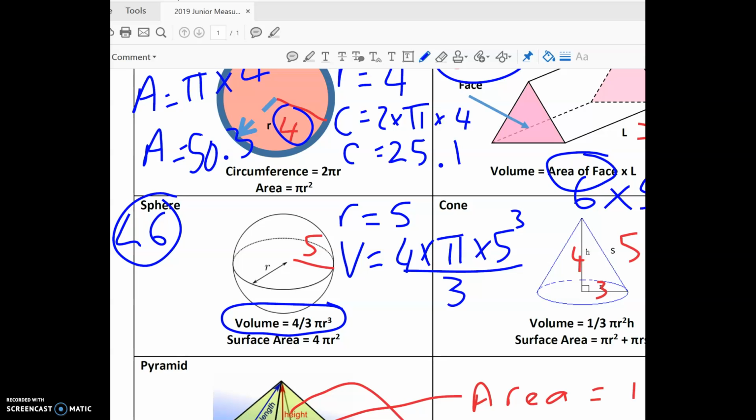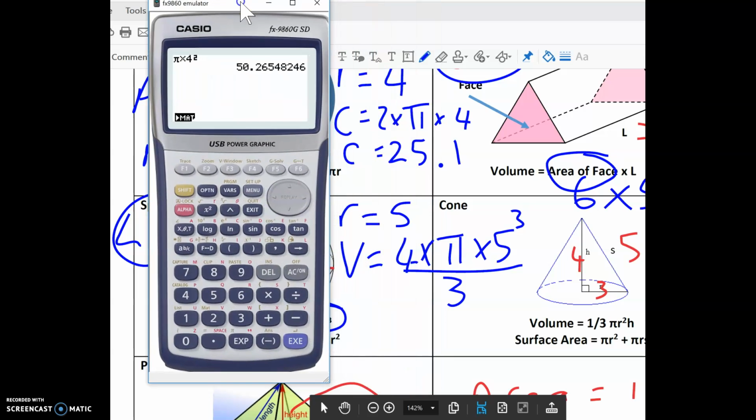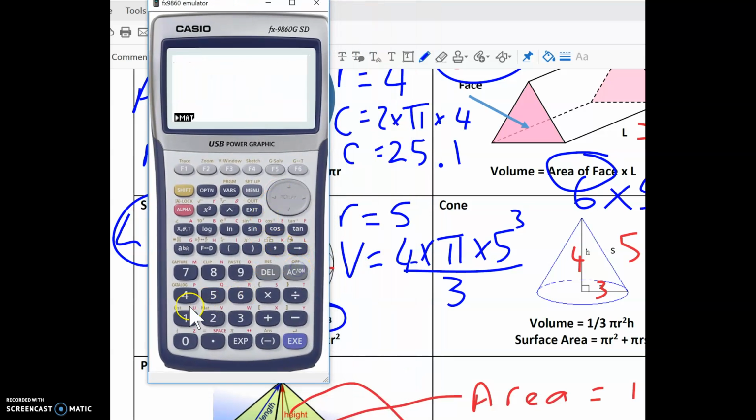I prefer, rather than going 4/3 as a fraction in my calculator, I prefer to divide by 3 at the end. So you can see the 4/3 is there. It's just in a slightly different format. So putting that into here, I would go 4 times shift pi times 5 to the power of 3 divided by, I'm going to execute to make sure I'm not in the middle of the power, divide by 3.